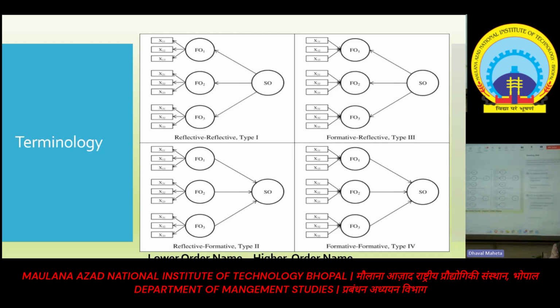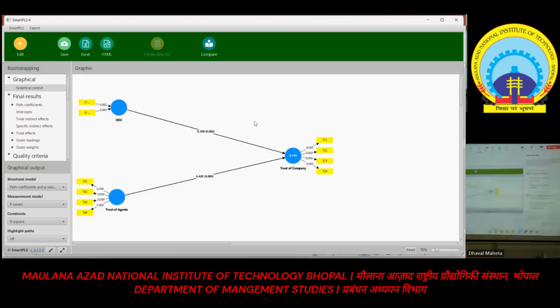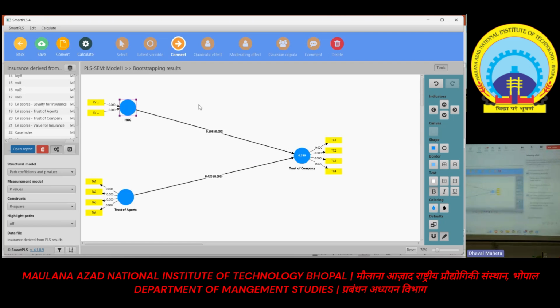See, in Smart PLS, please listen, they have the option to convert your variance based model to a covariance based model.